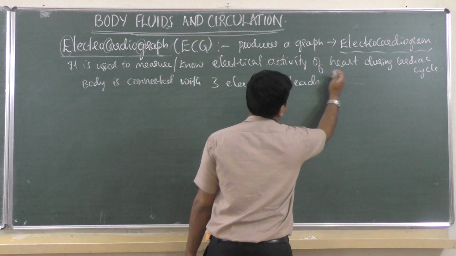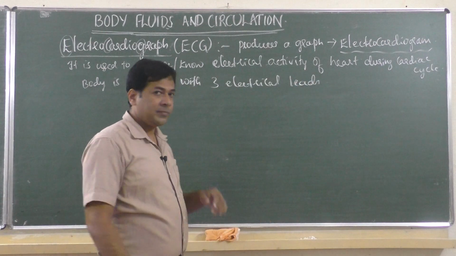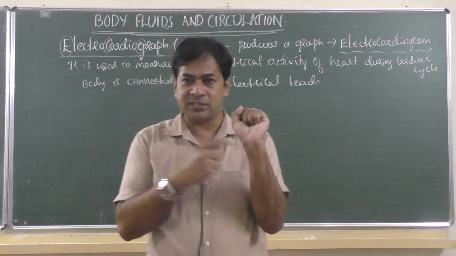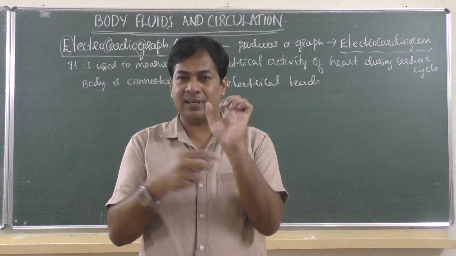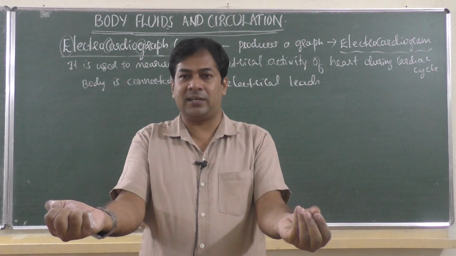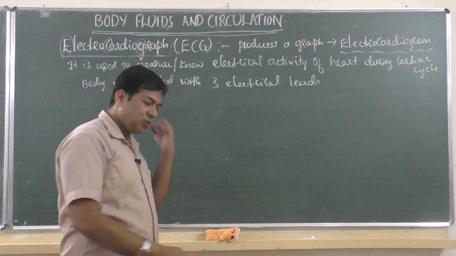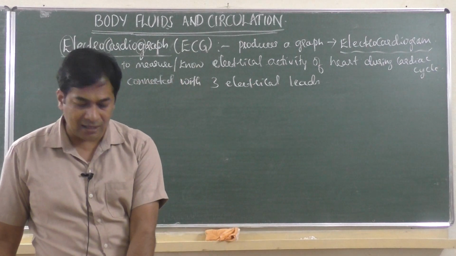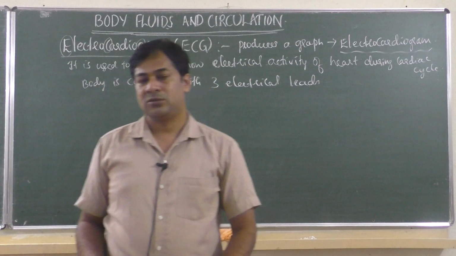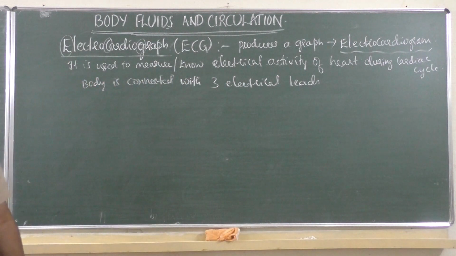Where? On the 2 wrists, left wrist and right wrist. There 2 cables will be connected. Then the third one is connected to the left ankle. Ankle means on the legs. So those 3 places it is connected.